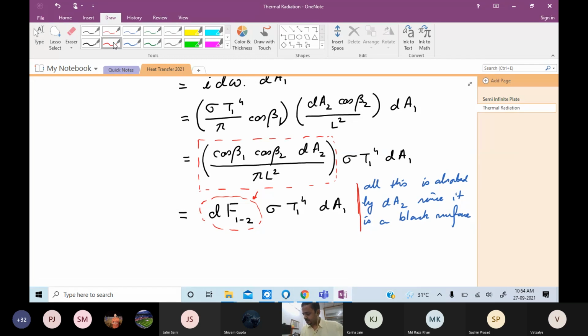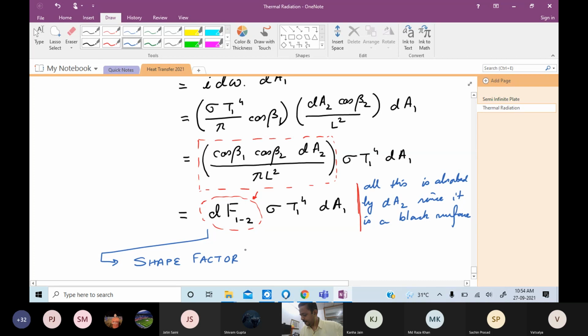This is one of the biggest, most significant concepts of radiation exchange. This is known as the shape factor, or view factor. These are the most common terms. Some people use configuration coefficient, some people use angle factor, but those are not very widely used.